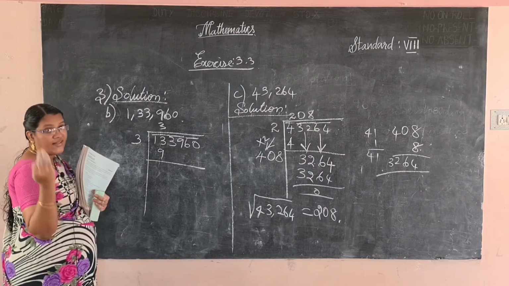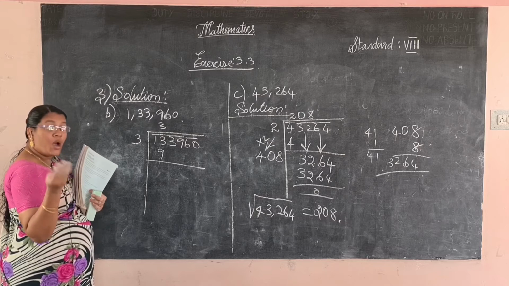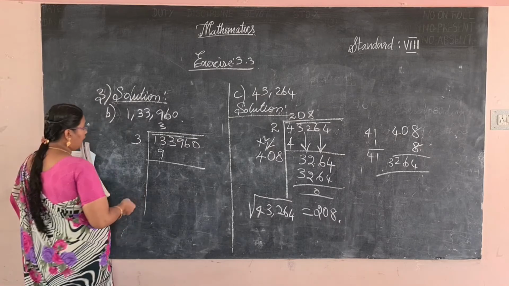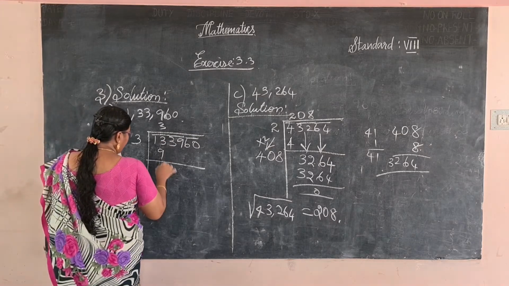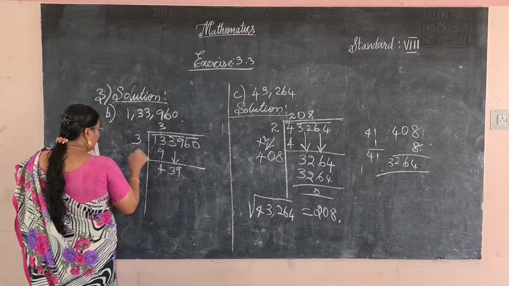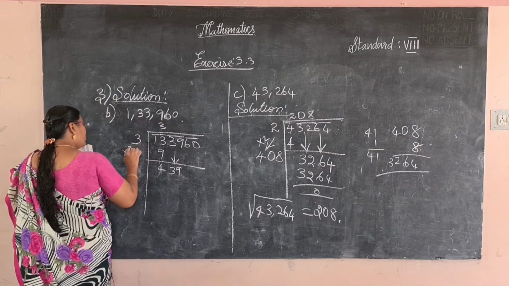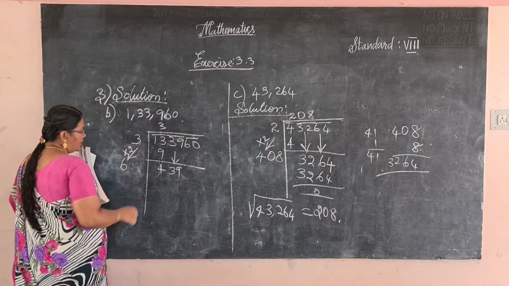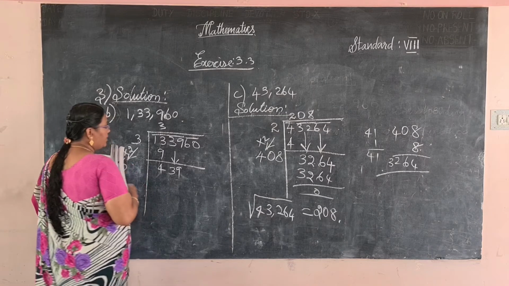Only 3 times. 3 3s are 9, because 4 4s are 16, which is more than 13. So subtract 9 from 13, we get 4. Now bring down the next pair, 39. On this side multiply by 2. The divisor is 6. So how many times is it possible?